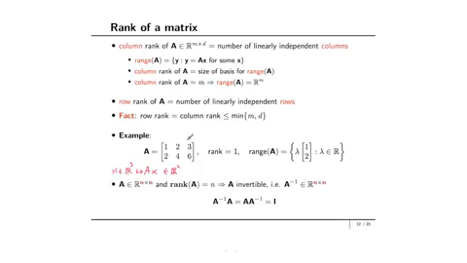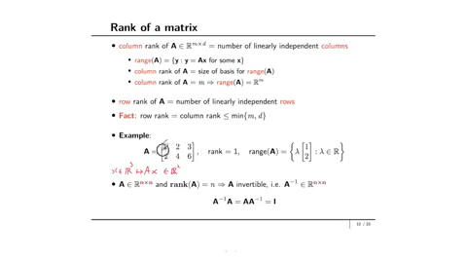Back in the module on vectors, we talked about linear independence, and we said that in R2, 2 vectors can be linearly independent, and a third vector will become linearly dependent. So at most, I can get 2 columns that are linearly independent. But it turns out that for this particular matrix, only one column is linearly independent. Why?